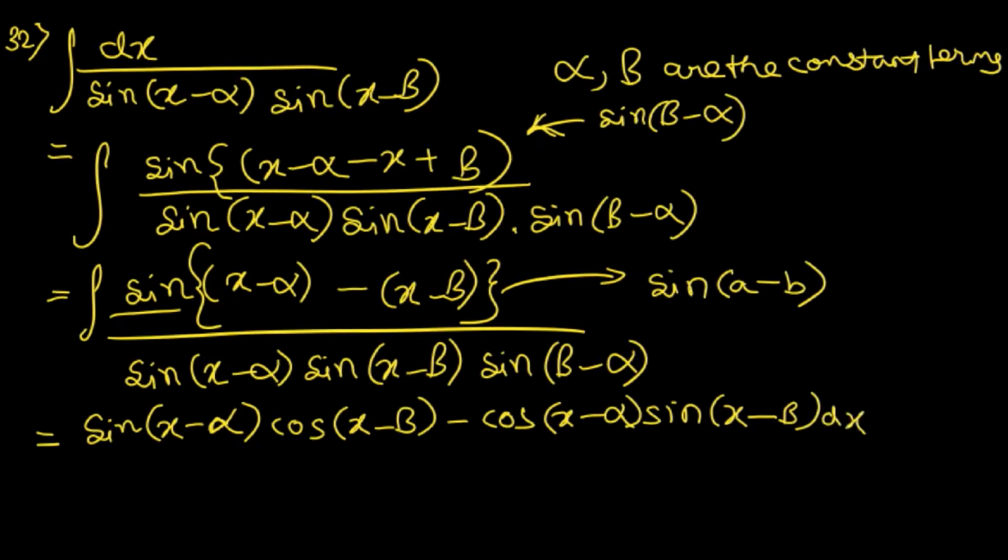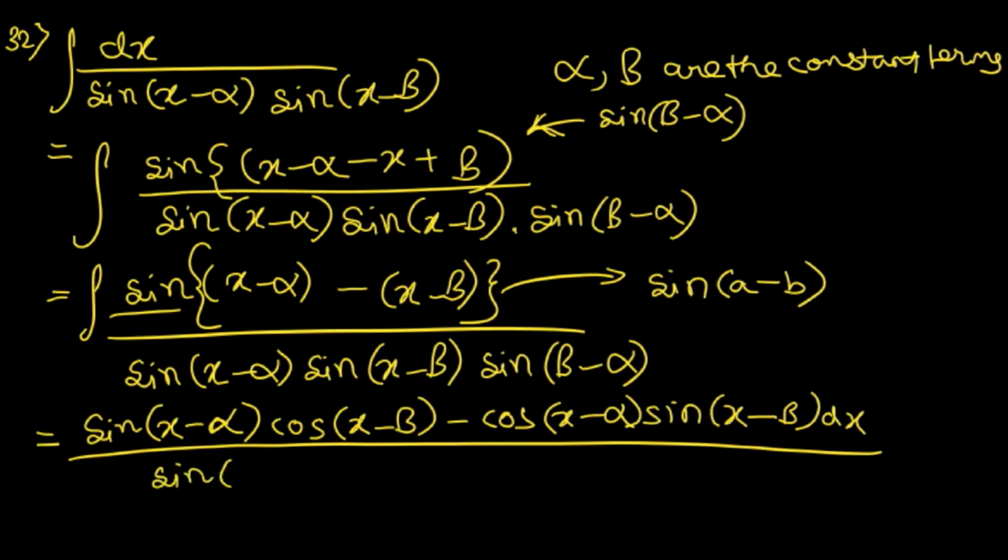And in the denominator we are left with sine(beta − alpha) sine(x − alpha) and sine(x − beta).